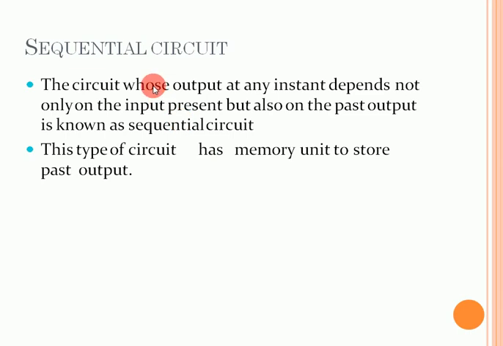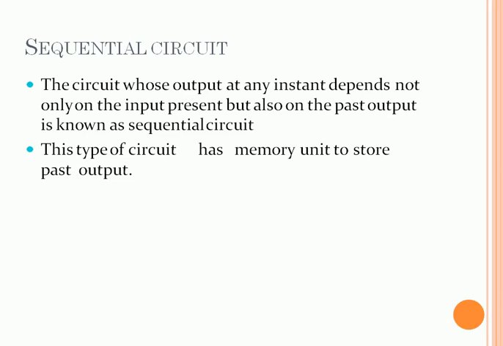Next are the sequential circuits. These are the circuits whose output at any instant depends not only on the input present but also on the output that was previously in the circuit.